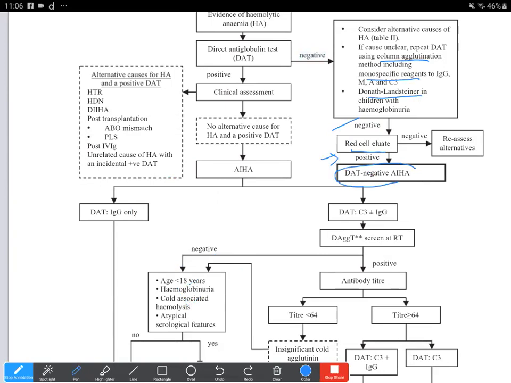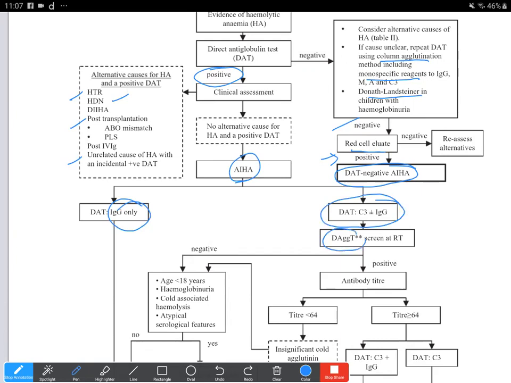In case of DAT positive, we also need to rule out false positives by the transfusion history, the history of transplants and drugs, and also in case of fetuses, the ABO mismatch. So all these alternative causes of hemolysis with a positive DAT need to be ruled out before we can consider them as being autoimmune hemolytic anemia. If IgG alone is present, then they are warm. If C3 and IgG are present, then we need to work up with a direct agglutination test for clinically significant antibodies.